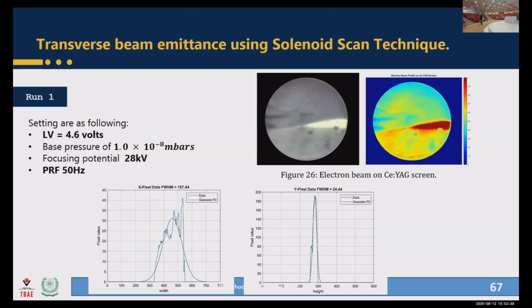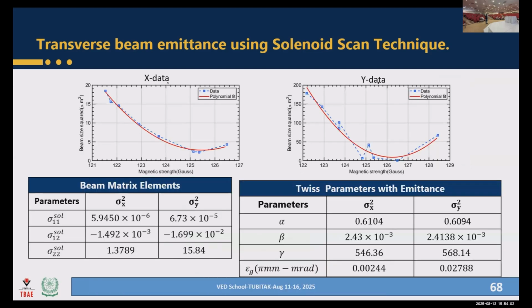Anyways, by changing the strength of the magnet and by looking at the corresponding image sizes, we can evaluate the twist parameter. For example, I'm changing the magnetic strength and I am checking where the minima and then again maxima occurs.